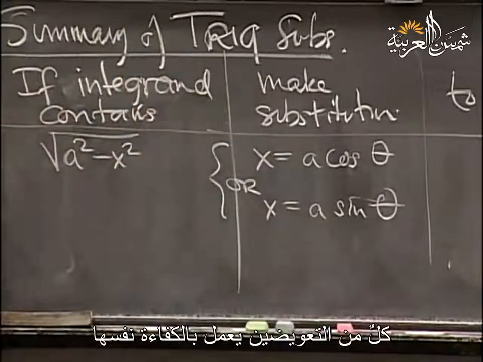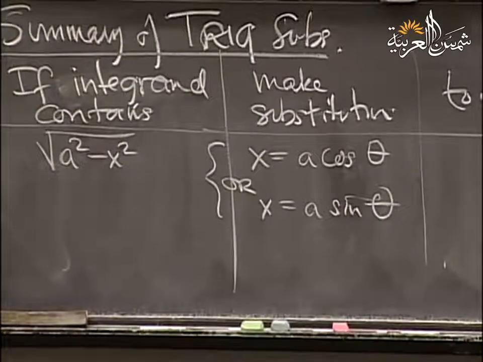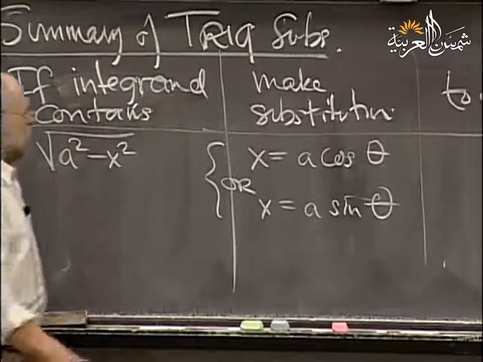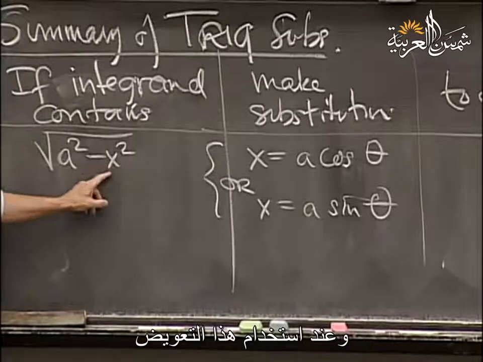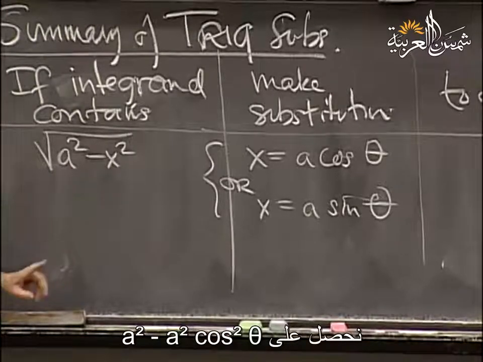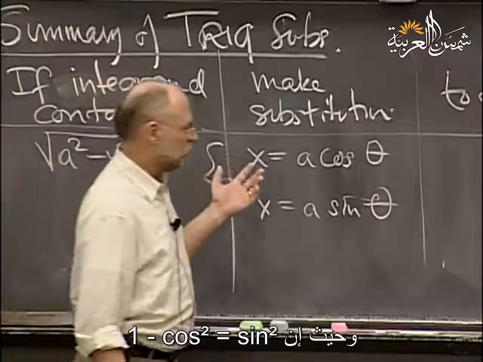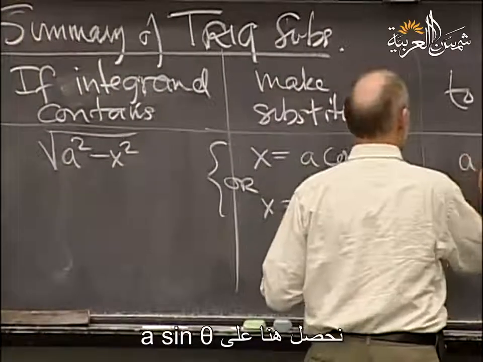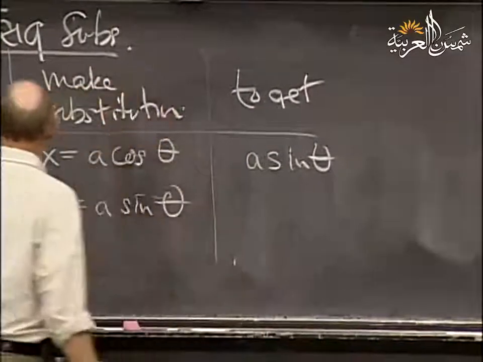Either one works just as well, and there's no way to prefer one over the other. And when you make this substitution, x equal to a times the cosine of theta, you get a squared minus a squared cosine squared theta. 1 minus cosine squared is the sine squared, and so you get a sine of theta.